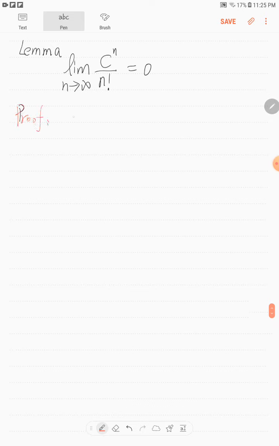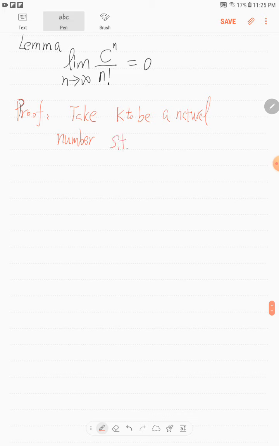Okay, we choose k to be a natural number such that k is greater than or equal to 2 times the absolute value of c.